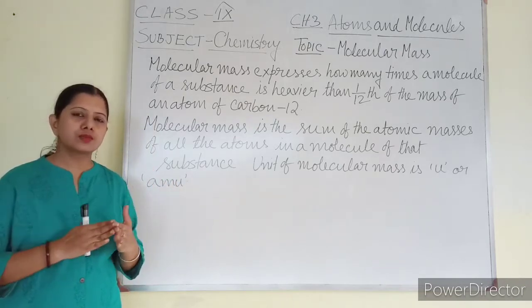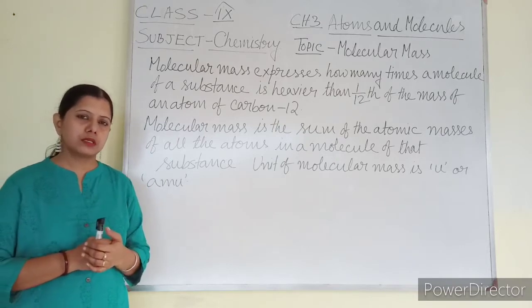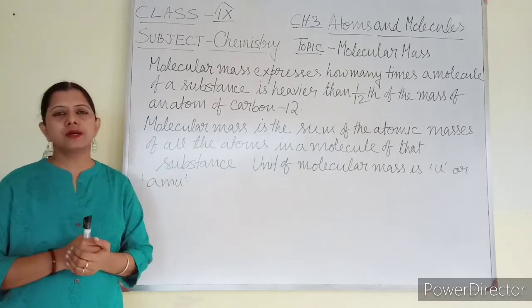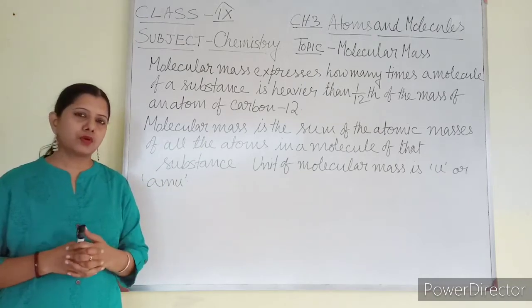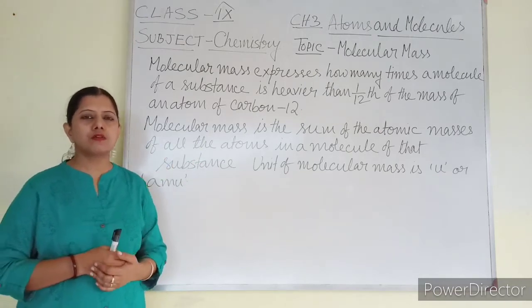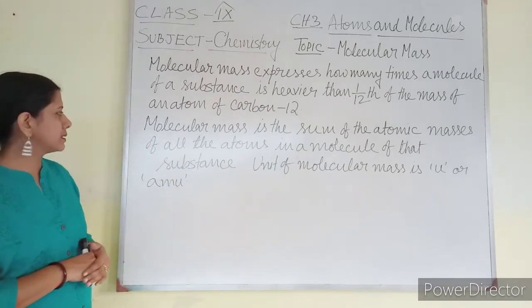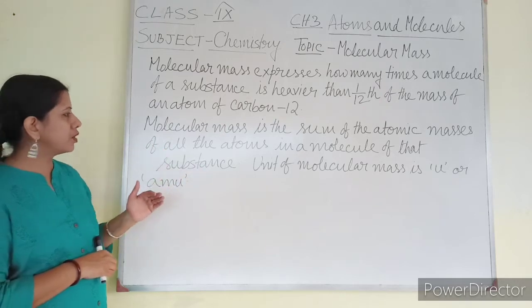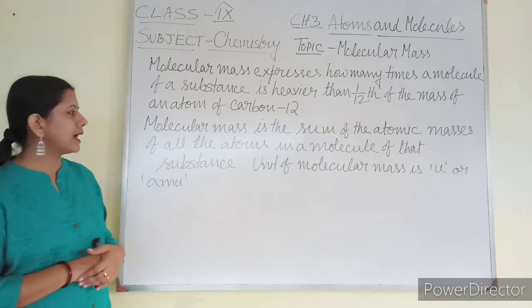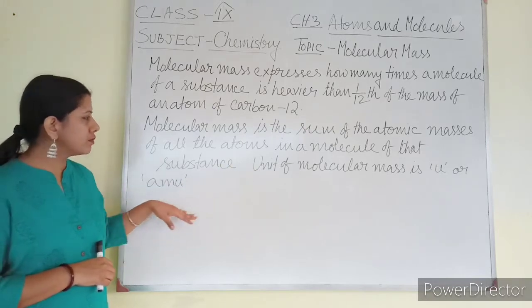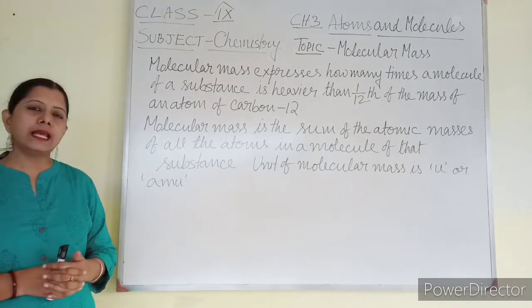H2O means two atoms of hydrogen, one atom of oxygen. The sum total of the mass of two atoms of hydrogen and one atom of oxygen will give you the mass of one molecule of water. So that is what is written here. Molecular mass is the sum of the atomic masses of all the atoms in a molecule of that substance. The unit of molecular mass is U or AMU.